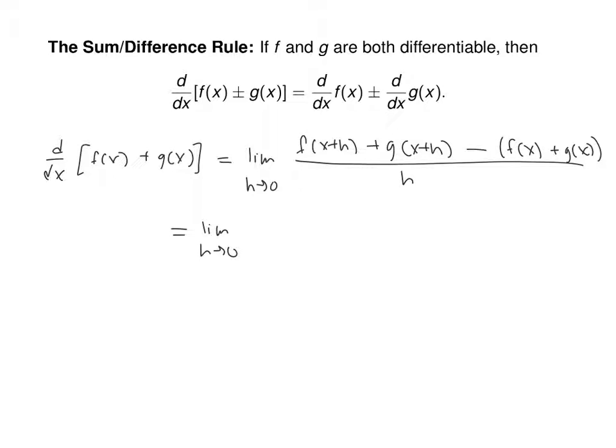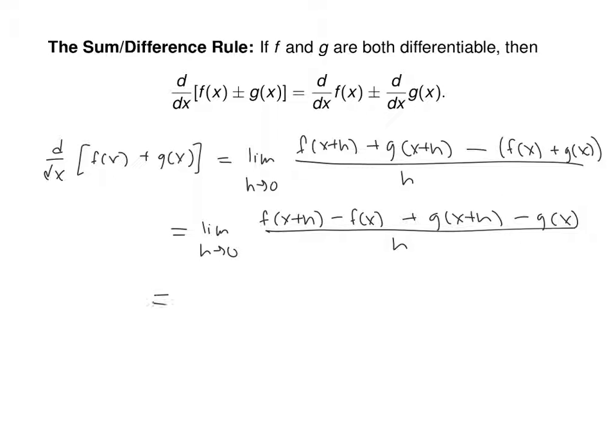Okay, now the next thing I'm going to do is slightly clever. I'm going to send the negative sign through, and I'm just going to rearrange who's first. I'm going to write this as f of x plus h minus f of x, plus g of x plus h minus g of x, all over h. Does that make sense? I just flip-flopped the order stuff was added. Nothing is wrong there, right? And then I'm going to break it into two fractions.